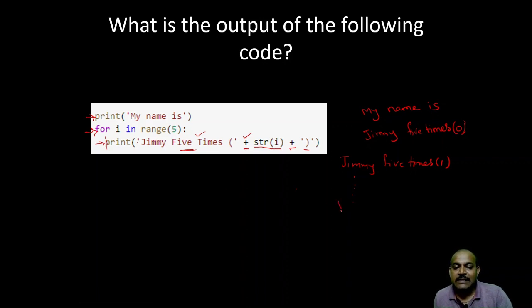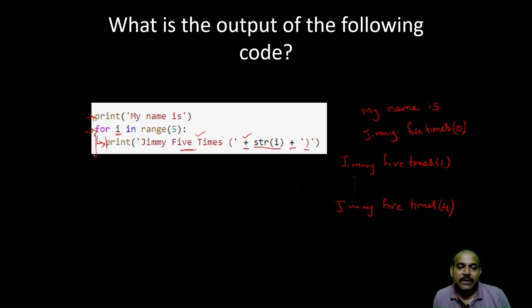Therefore, last time, it is going to print Jimmy 5 times. So what is the value of I? It is 4. Next time when I becomes 5, now 5 in range of 5. As I said, whatever the I value it takes, it will be less than this value, otherwise this becomes invalid, means false, therefore it will not enter into this loop.